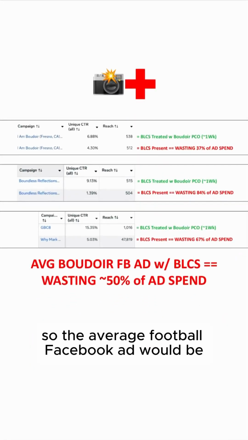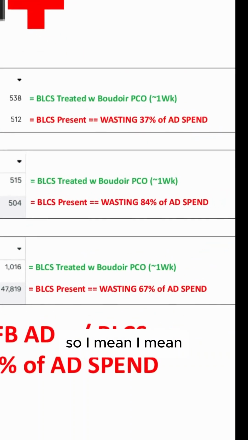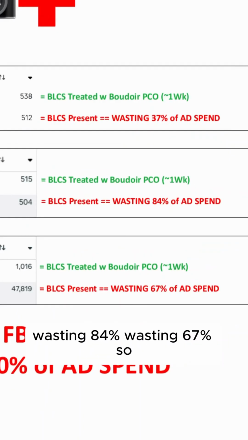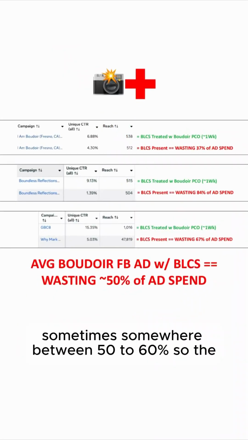So the average Boudoir Facebook ad with BLCS is wasting about 50% of its ad spend. Look at these numbers here: wasting 37%, wasting 84%, wasting 67%. So the average is somewhere between 50 to 60%.